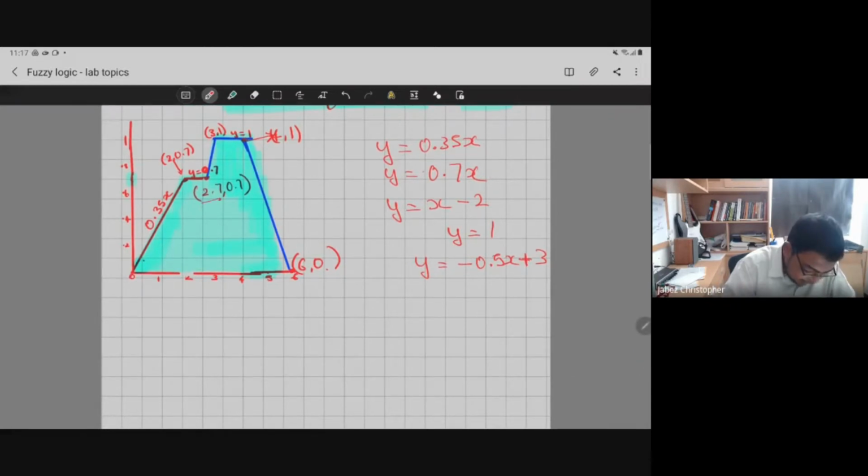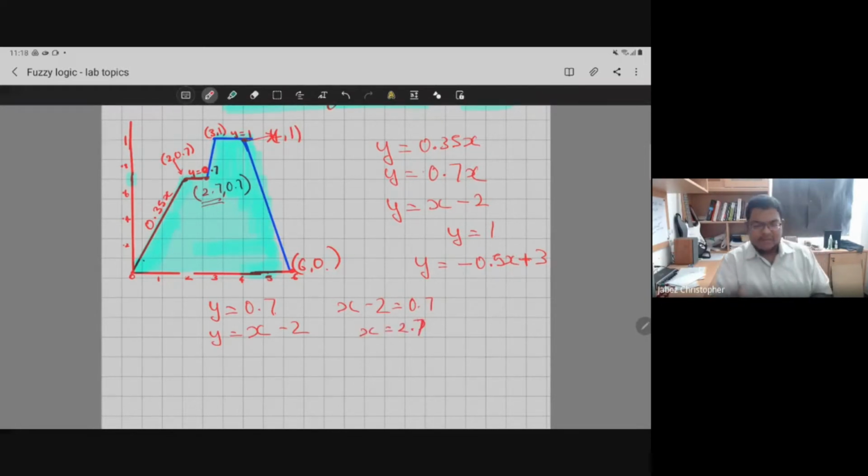How did I get this 2.7? So we have y is equal to 0.7, and then y is equal to x minus 2. So at that point, x minus 2 is equal to 0.7, so we get 2.7. Simple geometric operations, right? Okay.